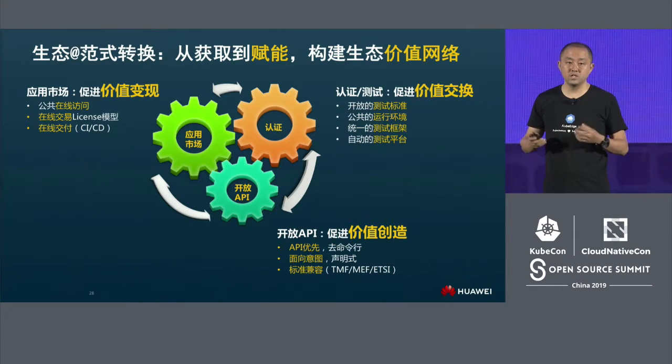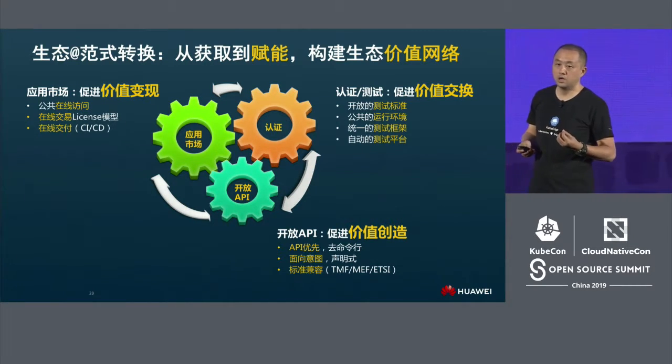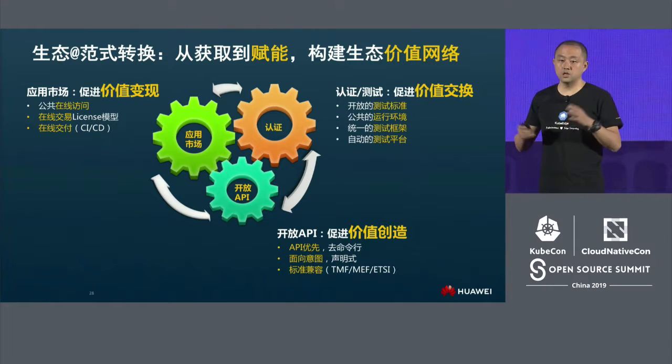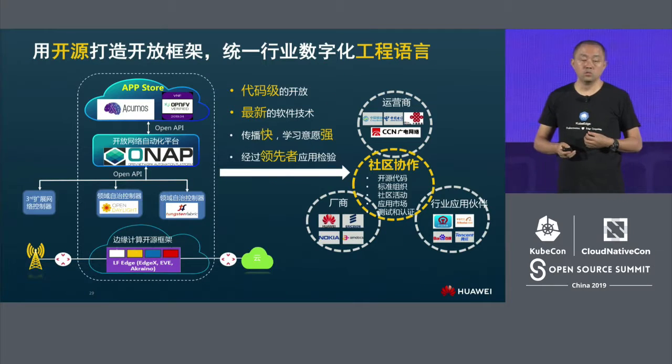And the second is the automated test and the commercialization, integration. And the third is to build a shared application market, and that is to help with the monetization of the value in the global field. So these three will work together and build this eco and value system.